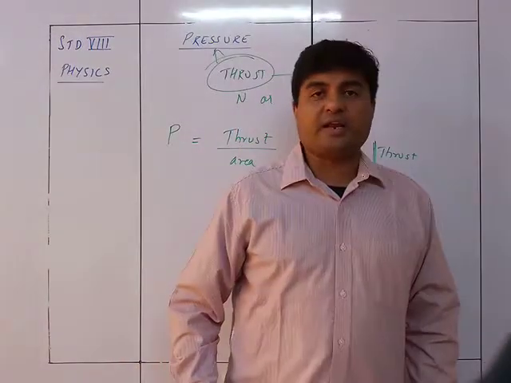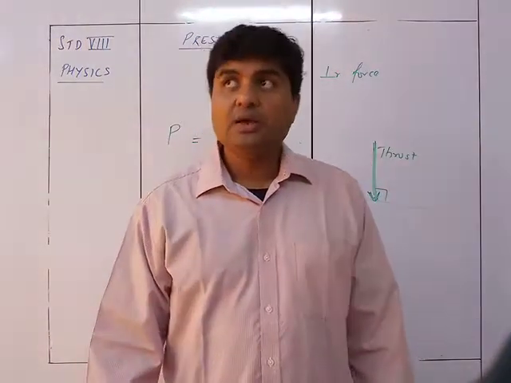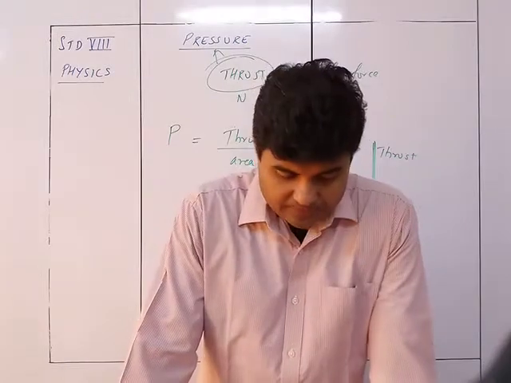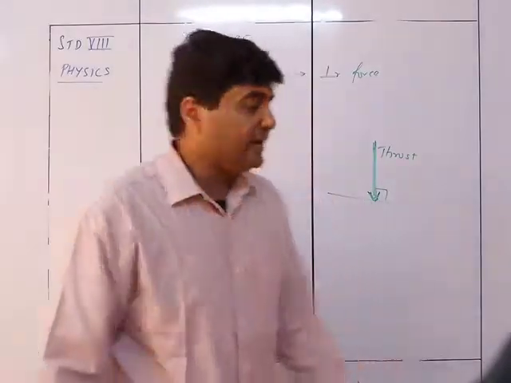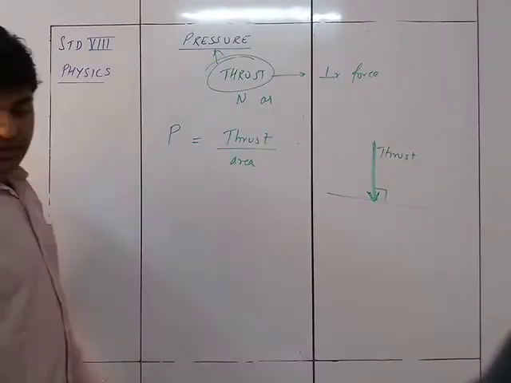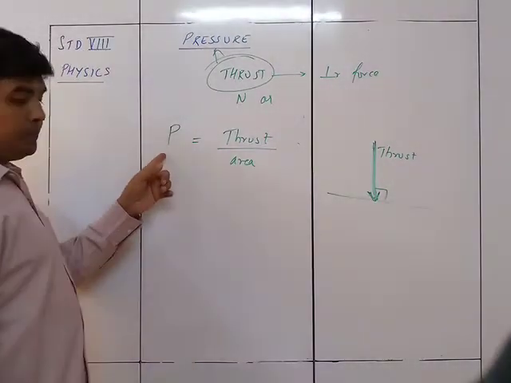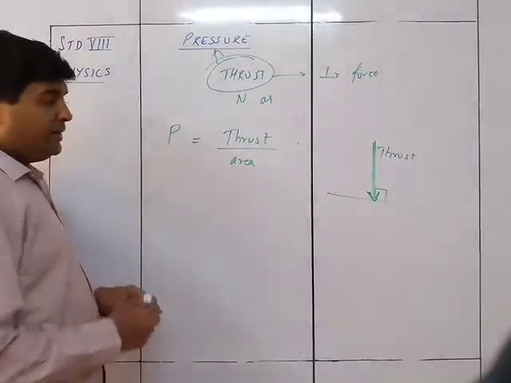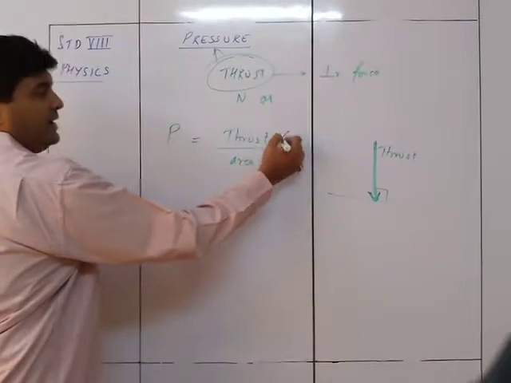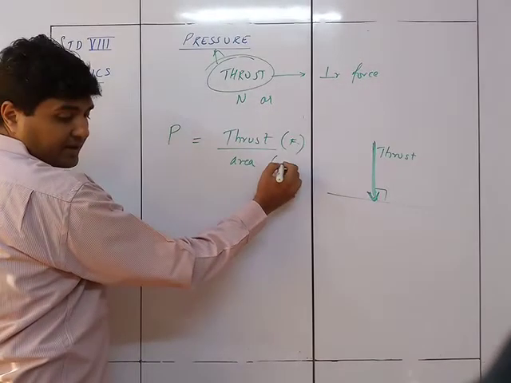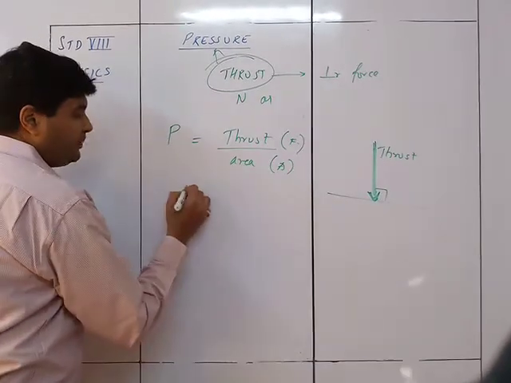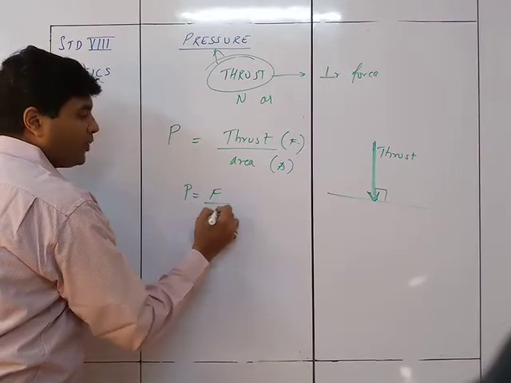Thus pressure can be defined as thrust per unit area. It is denoted by the letter P, and thrust we are taking as F, area we are taking as A, hence we say P is equal to F upon A.